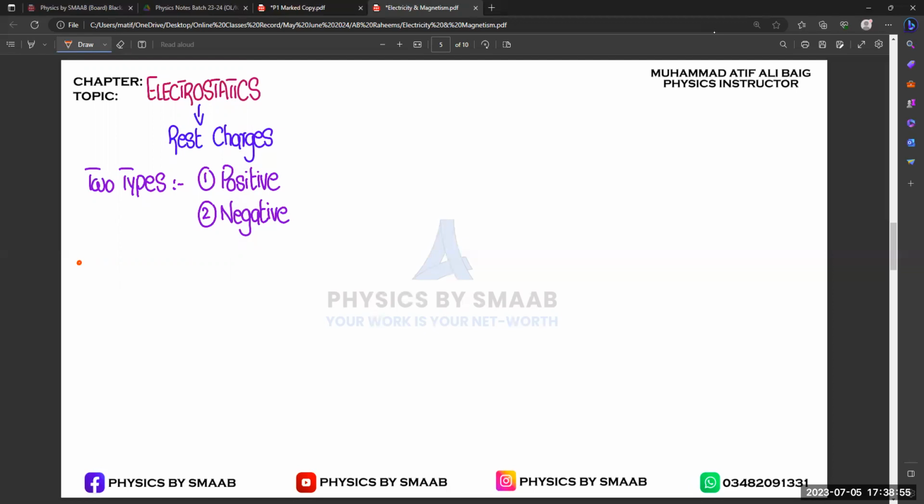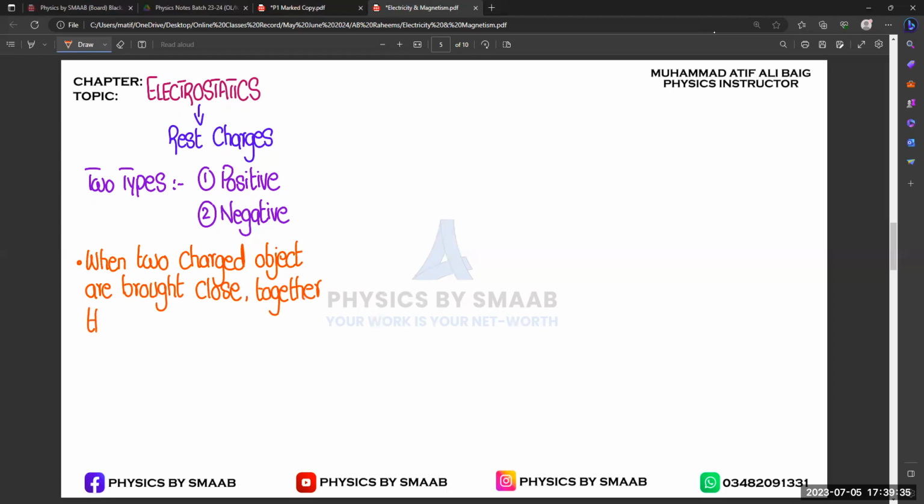So we write it as: when two charged objects are brought close together, there will be a force, just like the magnet. So there will be a force between them.